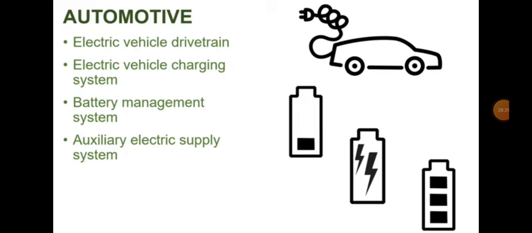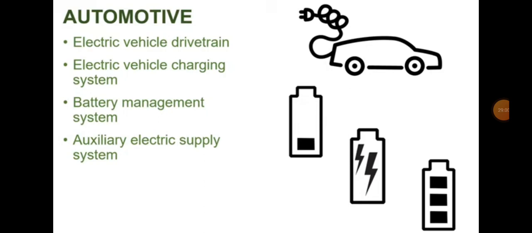In case of electric vehicle coming from the battery charging, power electronic converters are used. Power electronic converters are available for fast charging the battery as well as slow charging of the battery. Once the battery is charged and vehicle is ready to run, the electric vehicle drivetrain which is used is made up of power electronic converters.